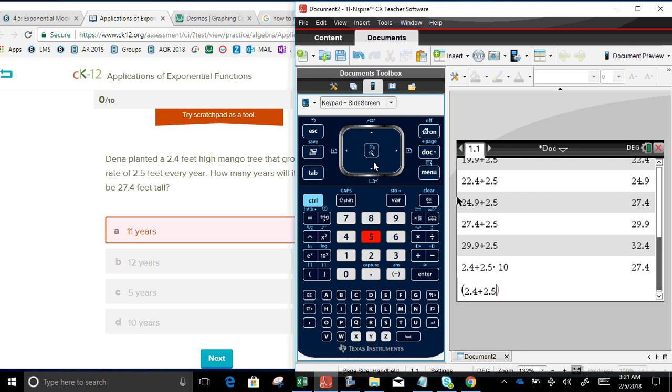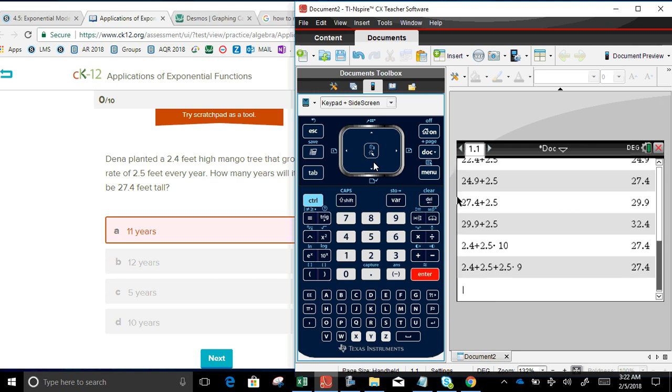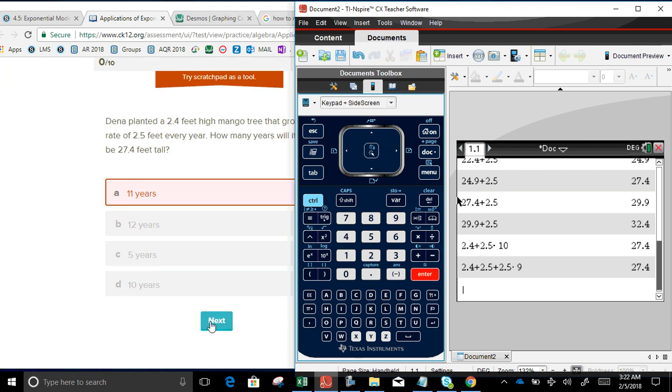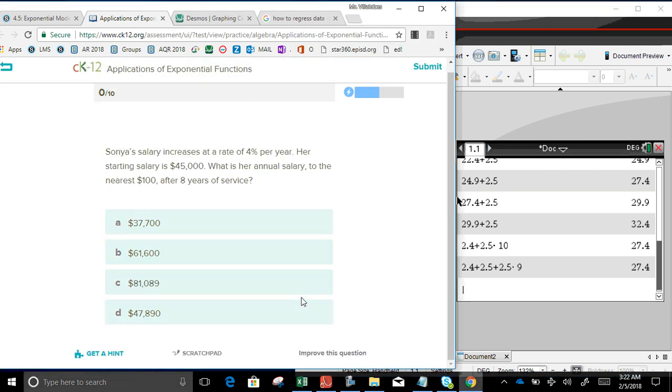That's after 1 year, plus, if it's growing 2.5 every year, n minus 1 years after that. So it'd be 10 minus 1 for 9 more years. Same thing. 27.4. Next. Hopefully they'll be forgiven for that slight error.